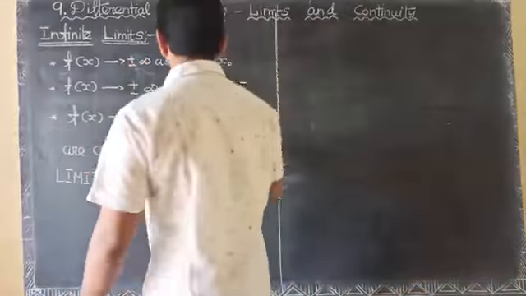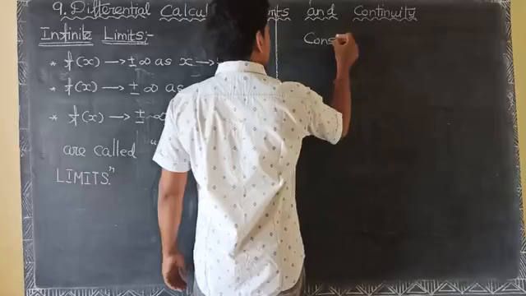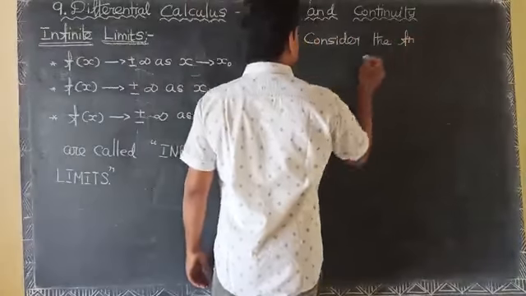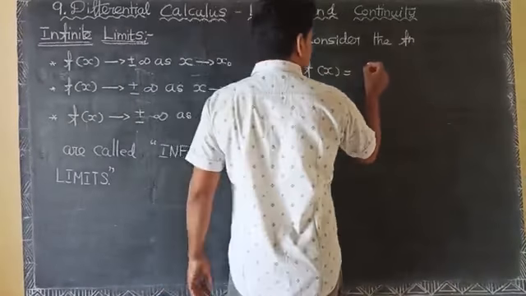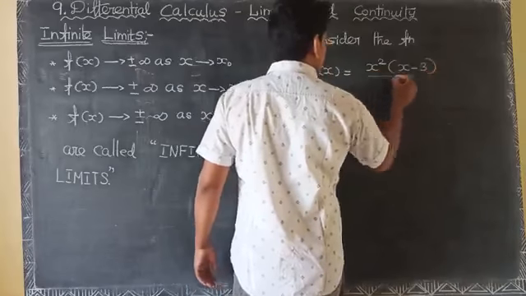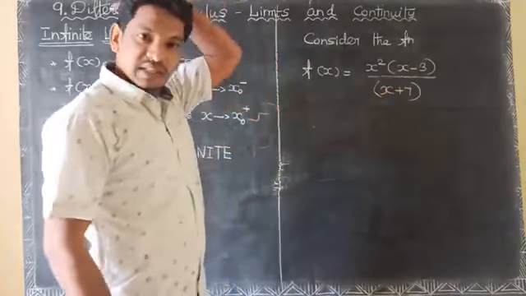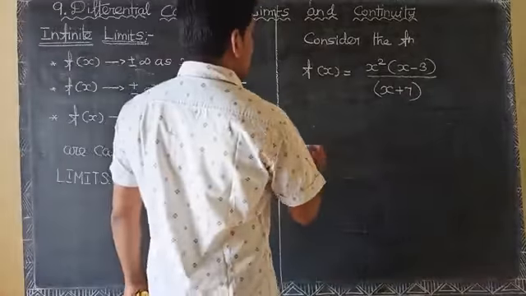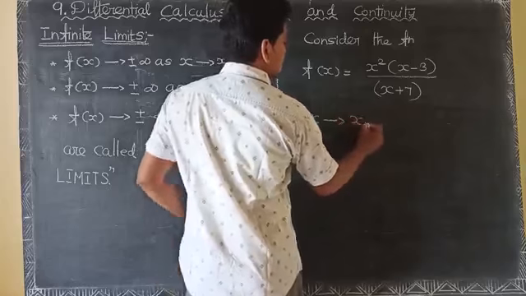Consider the function f of x equal to x squared into (x minus 3) divided by (x plus 7). Here apply the limit as x approaches x naught, some point.